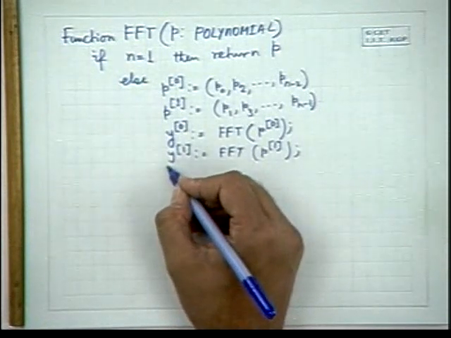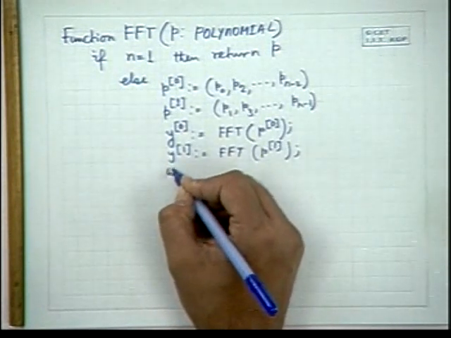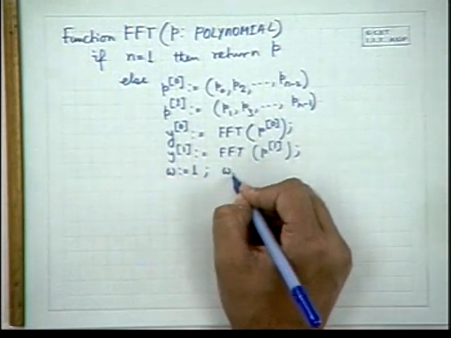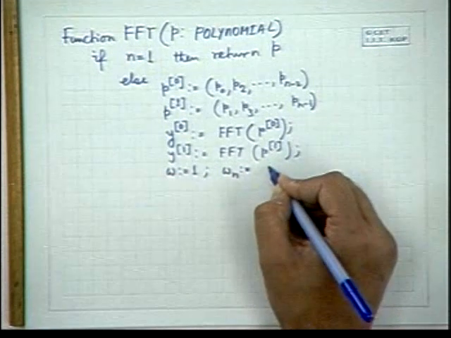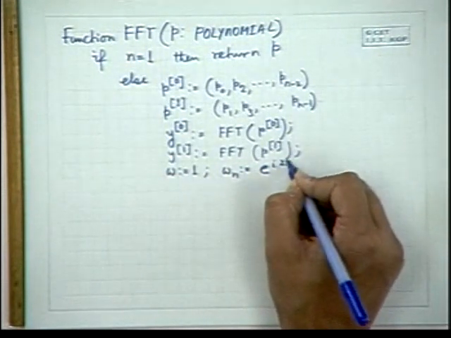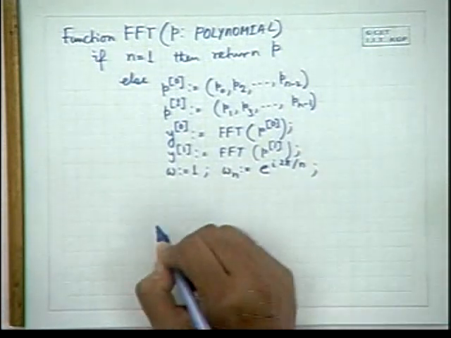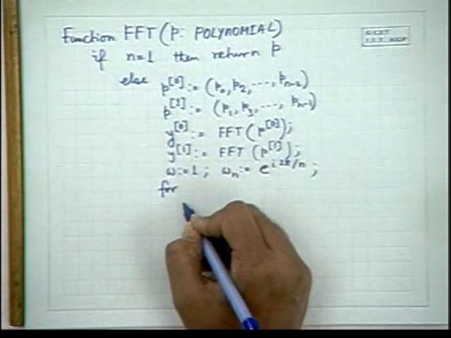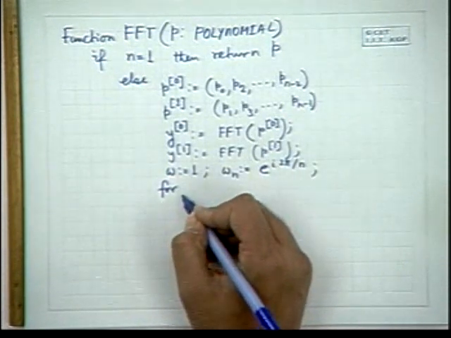Now I'm going to write the conquer step. Use w equal to 1 and wn equal to e to the power i twice pi by n. Now here is the combination. Here is the formula which will give you the conquer step.